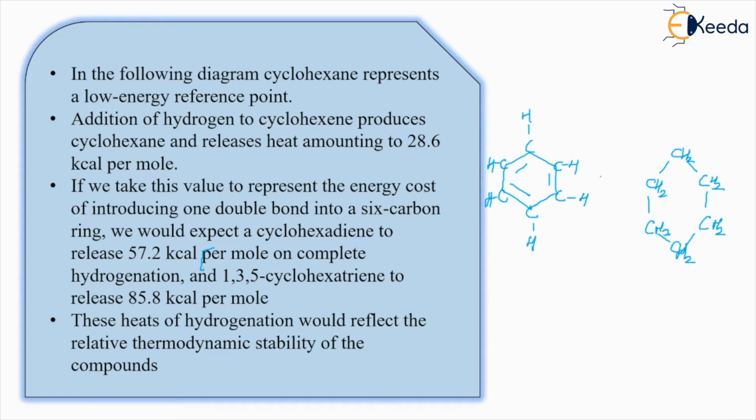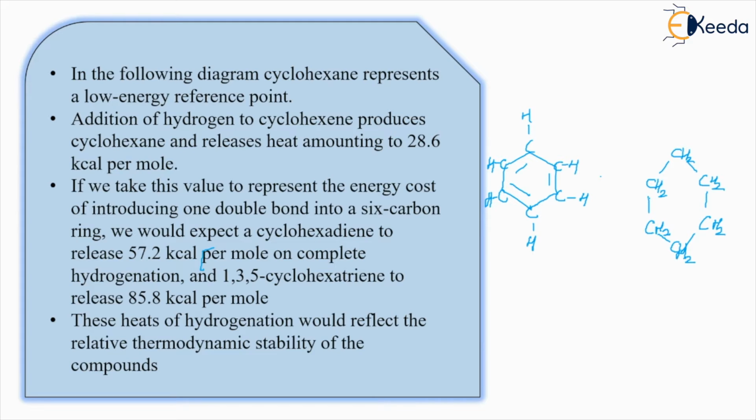If we take the value to represent the energy cost of introducing one double bond to a 6-carbon ring, we would expect cyclohexadiene to release 57.2 kcal per mole after complete hydrogenation, and 1,3,5-cyclohexatriene to release 85.8 kilocalories per mole.